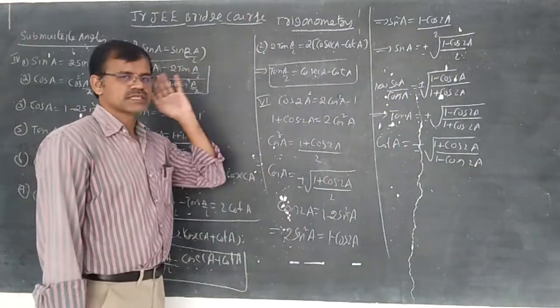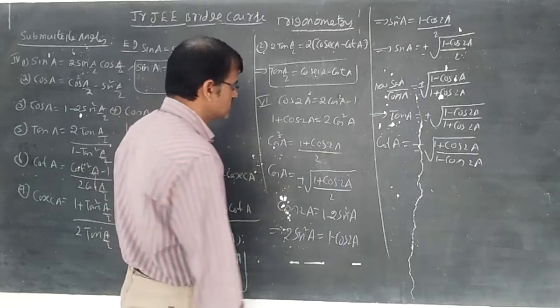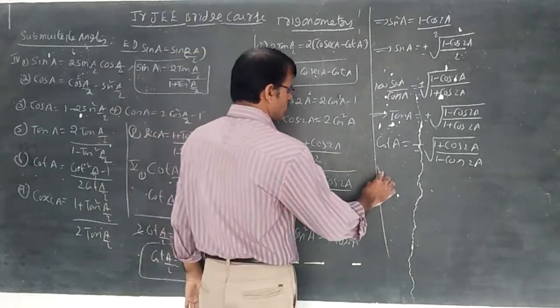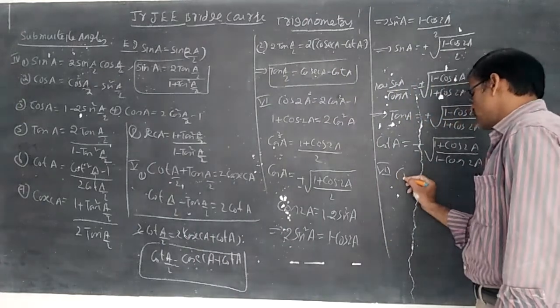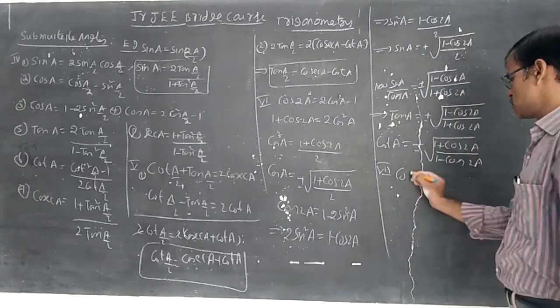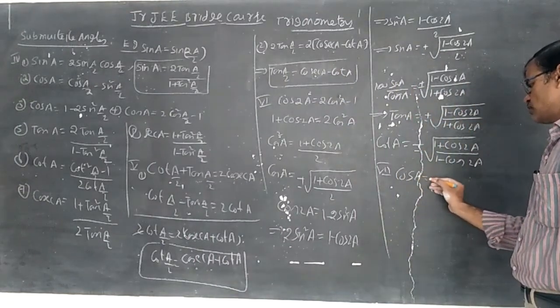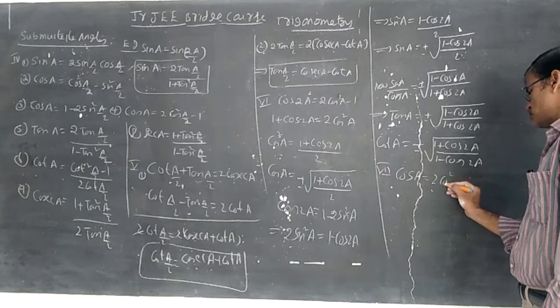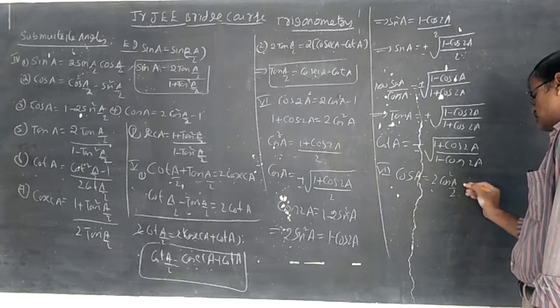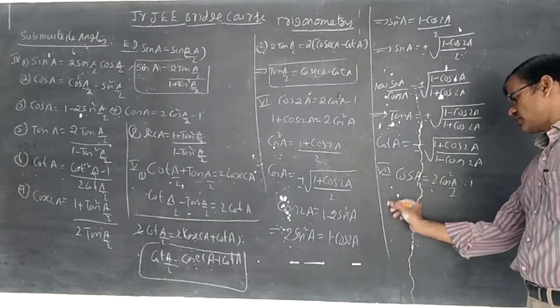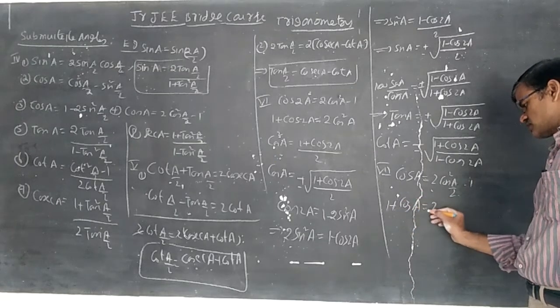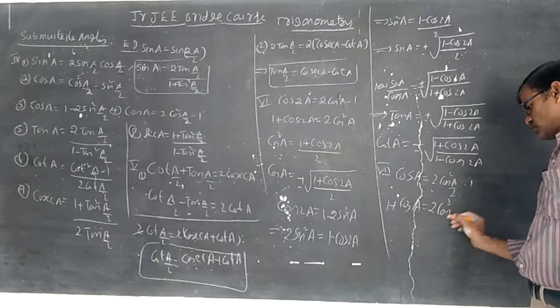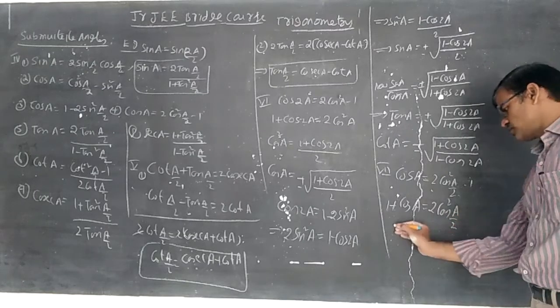Depends upon this, the submultiple formula, this another Roman number 7 we can put. Using submultiple angle, cos A is equal to 2 cos square A by 2 minus 1. So, minus 1 taken this side becomes 1 plus cos A is equal to 2 cos square A by 2.